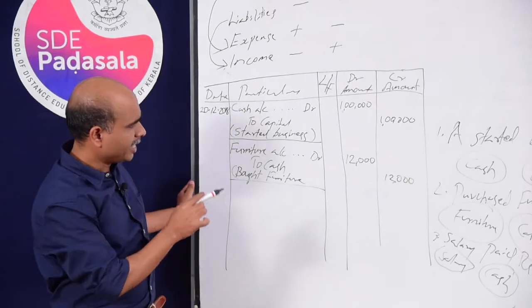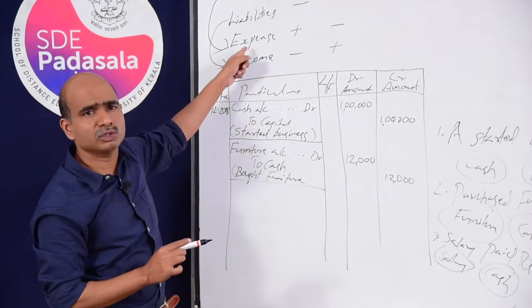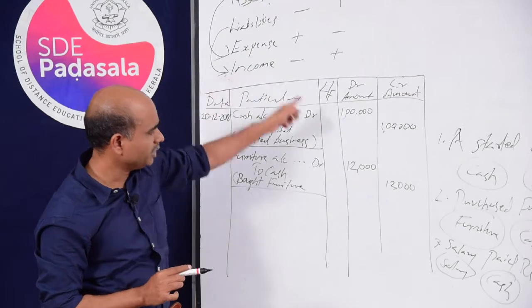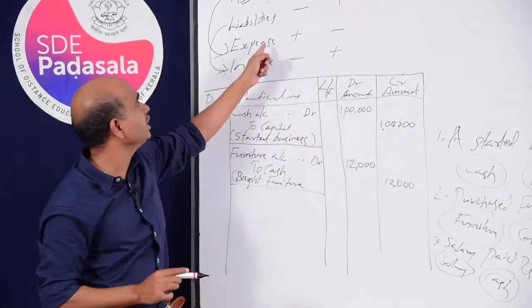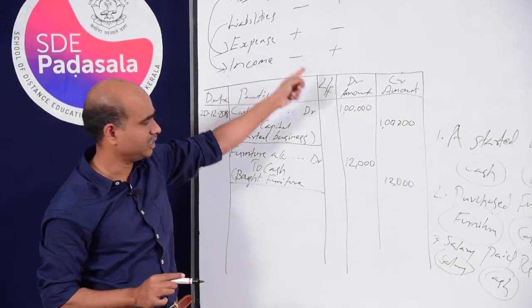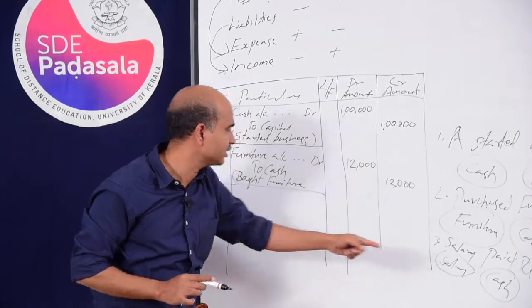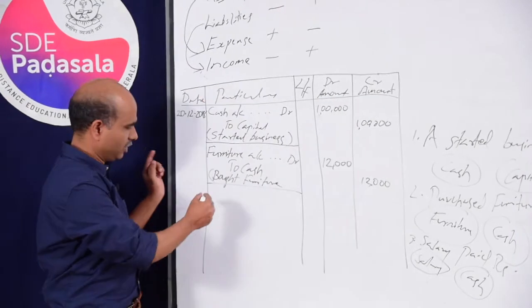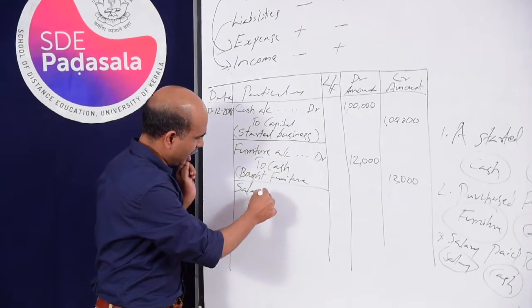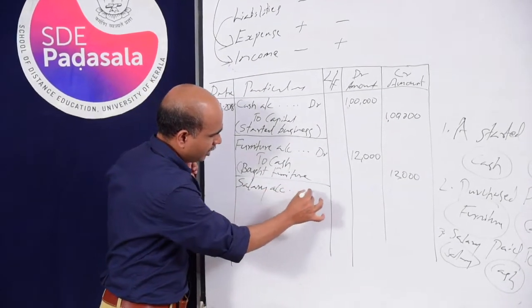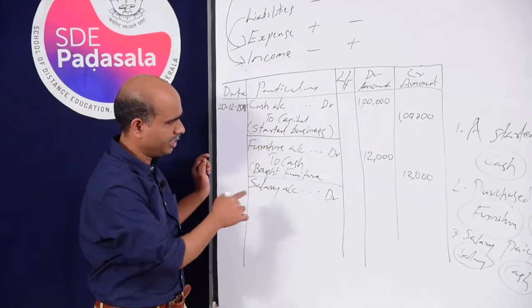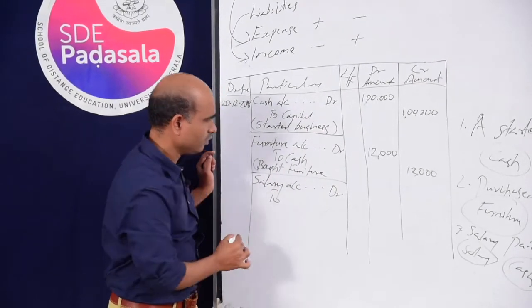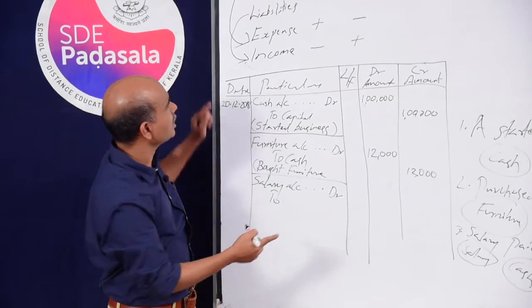Here the nature of salary is an expense to the firm. An expense should be debited when it increases. Here salary increased, so expense increased. So salary is a debit item. Salary account debtor, debit to cash is an asset.